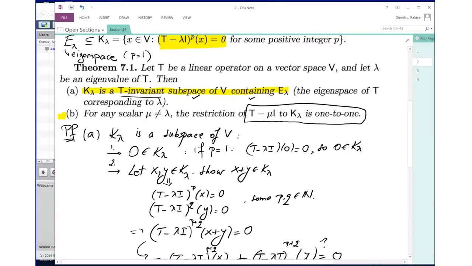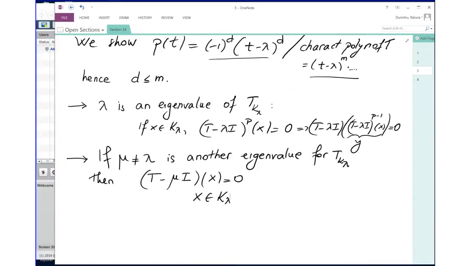If mu and lambda are different, then t minus mu identity restricted to K lambda is in fact 1 to 1. What does this mean for us? One to one means that the only vector it sends to 0 is 0.